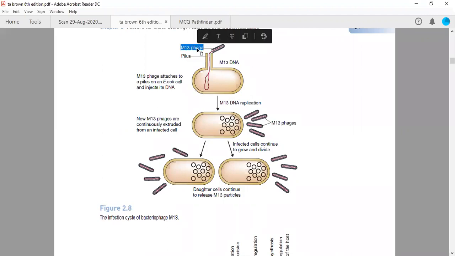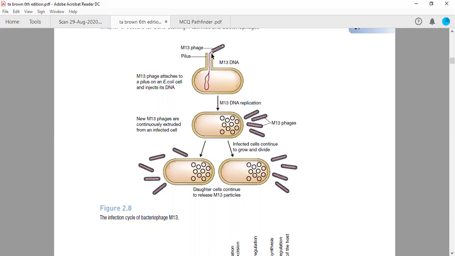M13 phage, which is a virus of E. coli, will infect E. coli cells especially. It will infect via this tube only. So it will bind to the pilus-like structure on the bacterial cell, and this question has been asked several times: how will M13 infection take place? Actually through the pilus only.